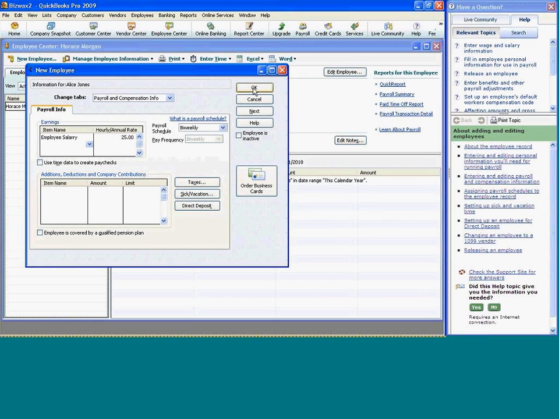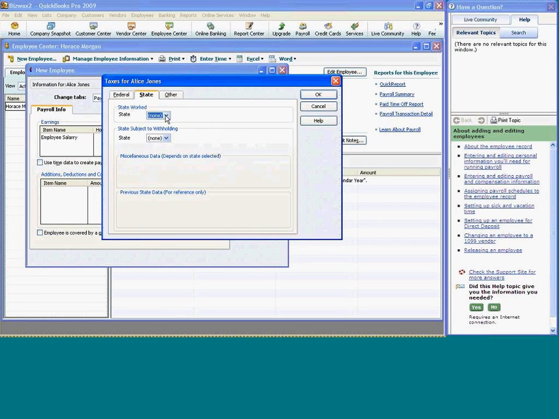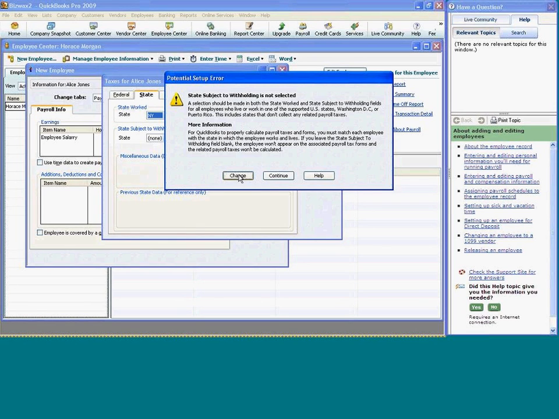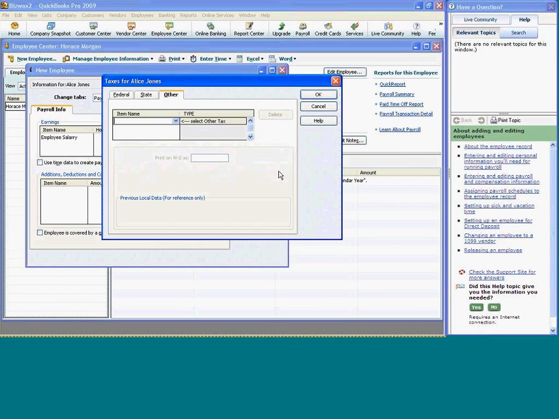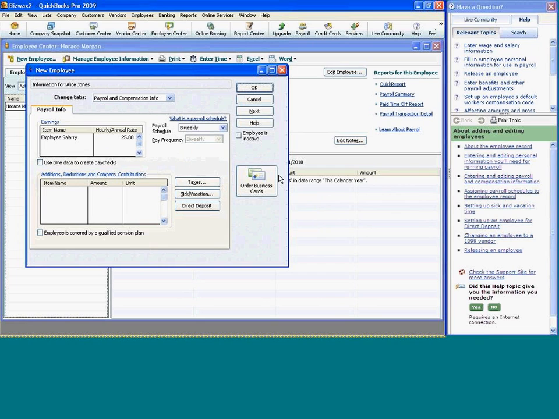And then we'll say that, again, the state, and over here.